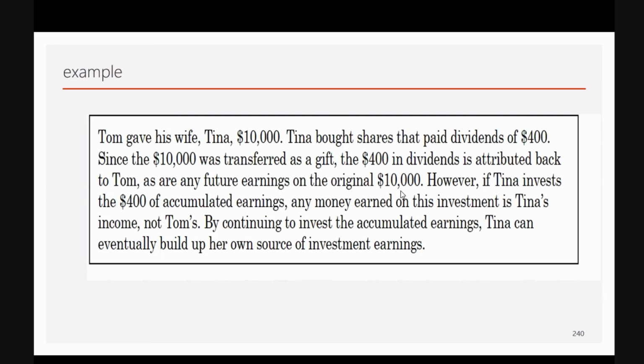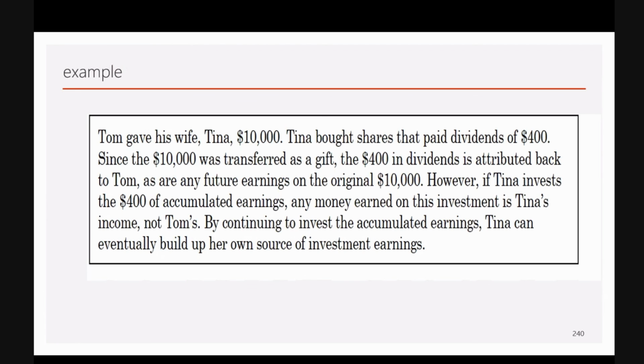Like for example, in 2020, that 10,000 produced 400, right? Then in 2022, that 10,000 produced 300. And in the future, the 10,000 produces 500. So all this money is reported by Tom.